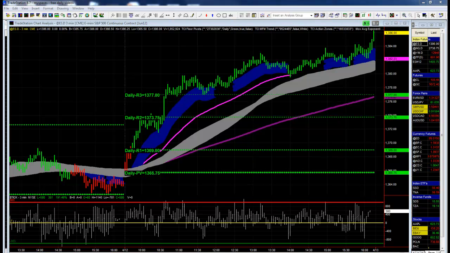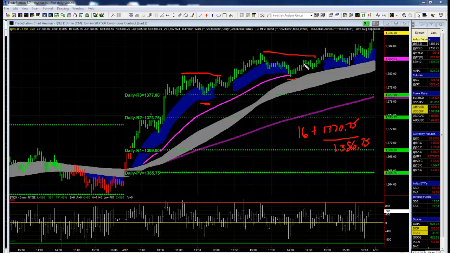My second objective was 2 times the range, so 8 times 2 is 16, and 16 plus the entry of 1370.75 puts you at 1386.75. Now remember, when it moved up and took out this high, I moved my stop even further up to here. It moved up, came down, and once it took out the high, I trailed it up again.